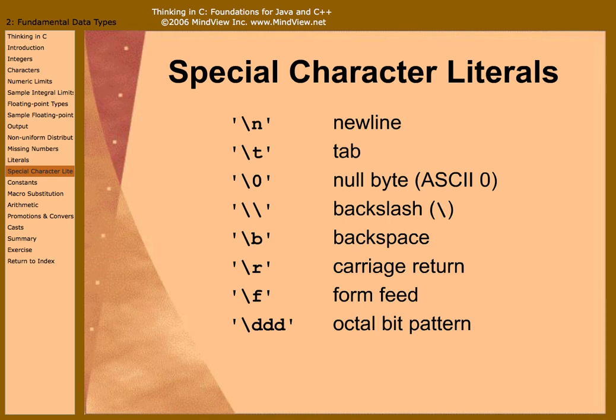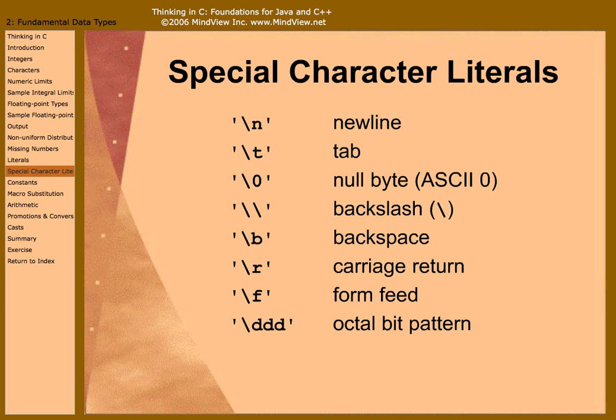\t is a tab, and that, of course, is dependent on what your system uses for tabs, but usually they're 8 characters. \0 is a null byte. That is, it's actually an encoding of 0 stored as characters, but it'll be all zeros as far as its bits. We'll see more of that later. That's important with string processing.